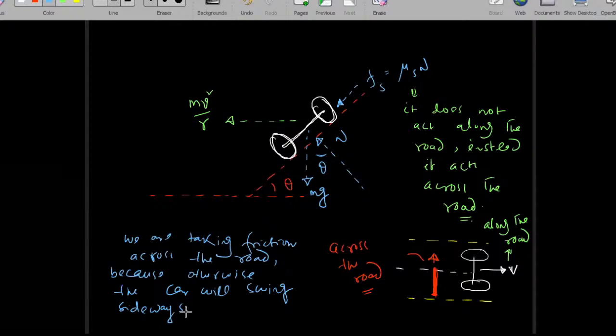If there is no friction to negotiate, the wheels will slip sideways. Try to understand. The wheels will slip sideways, so the car will swing sideways. We do not want that scenario. So an ideal road allows the car to safely move without any considerable body roll, right?